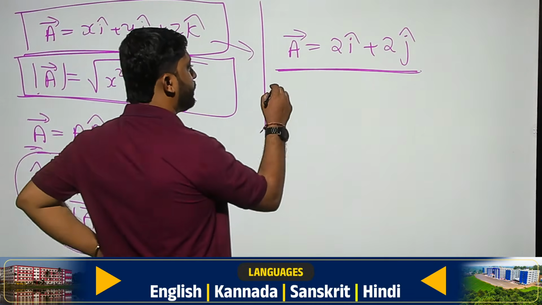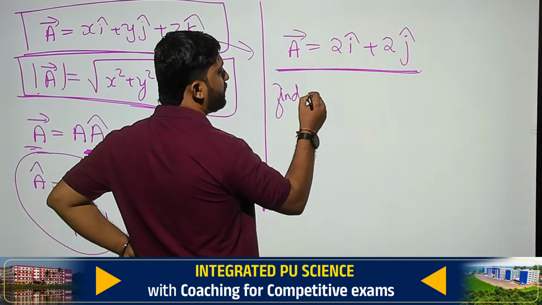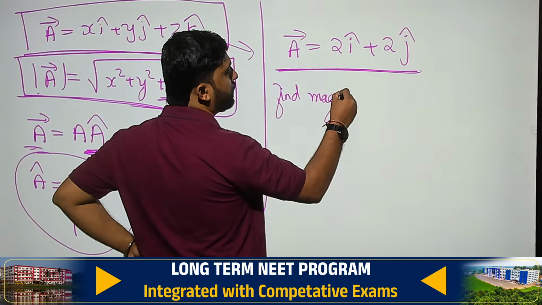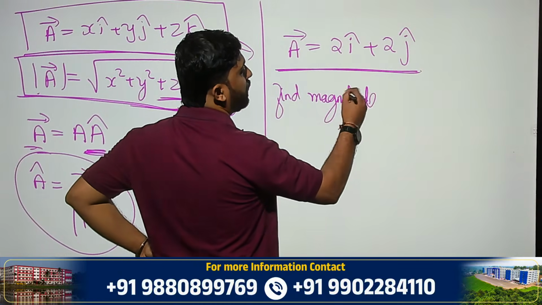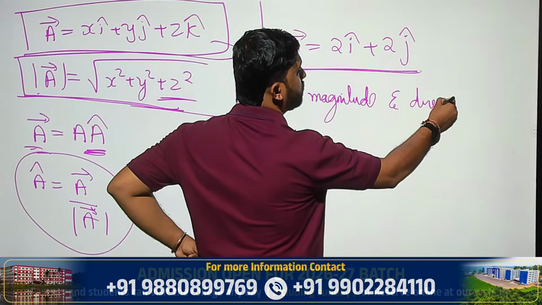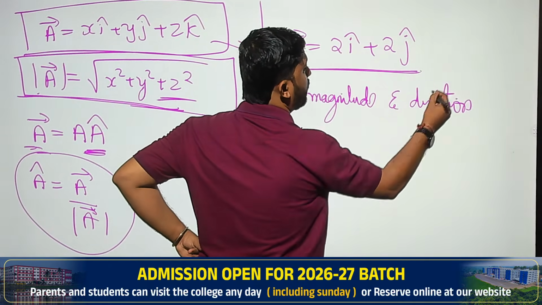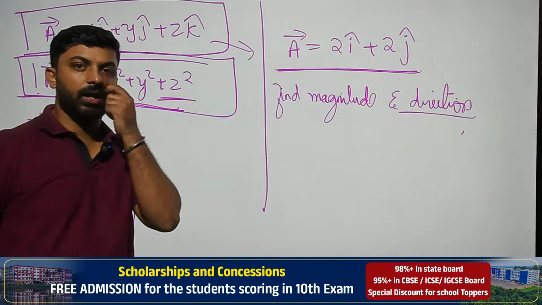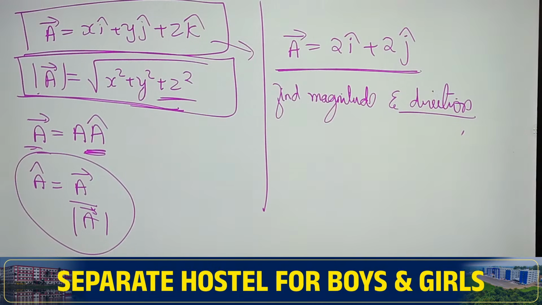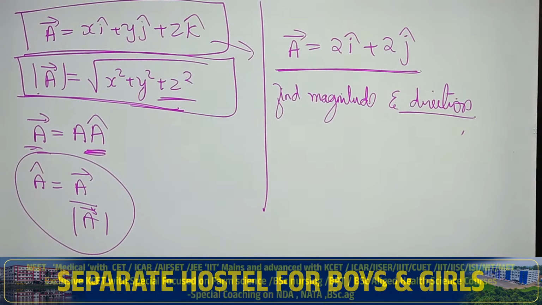And direction. You have to find the magnitude and direction. If they ask the direction of the vector, it means you have to find the unit vector.